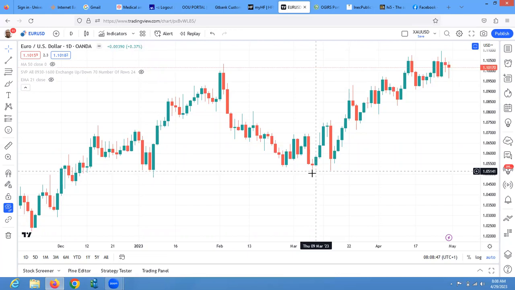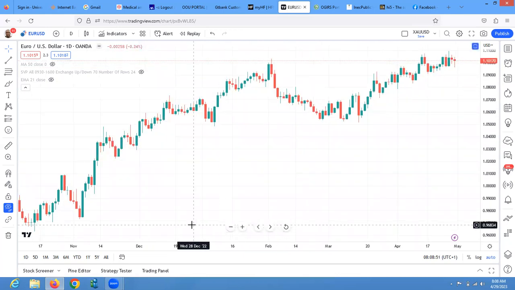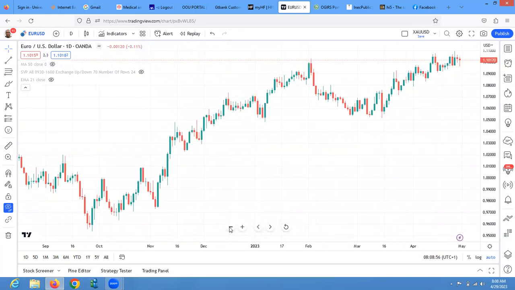Now, why I'm saying this is that from this point, where this wave started, we should probably have had at least a retracement of 50%. This didn't get to 50%, and we didn't take out this structure here, where I put my finger.